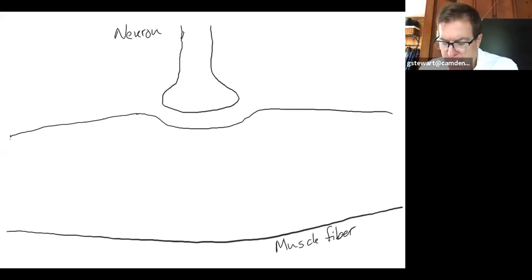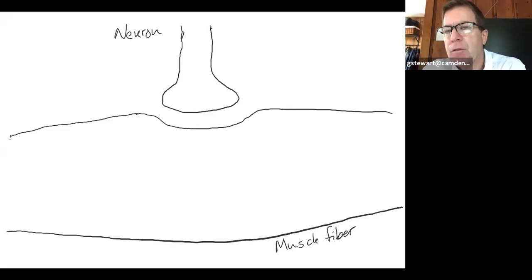So here's what happens. I'm going to say some things and I'm going to draw a picture as I say them. First, an action potential travels down the axon membrane, this neural membrane. Action potential should be interpreted in your mind right now as an electrical impulse.